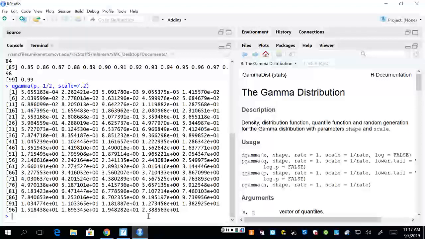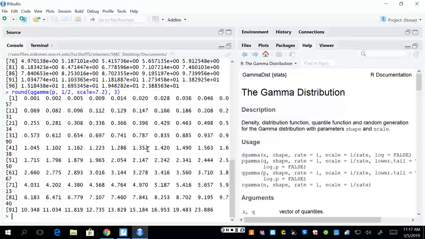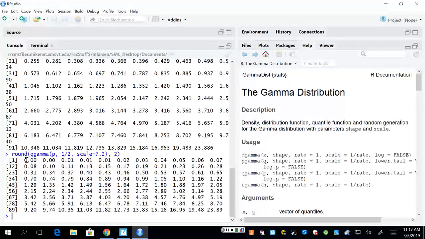So the 99th percentile, if you multiply this by 10, is 23. The 98th percentile is 19.5. The first and second percentiles are all very small positive numbers. Most of the values you're going to see are going to be in that range, with a lot of them in the middle here. If I round this to 2 decimal places, it's not exactly 0, it's a little bit positive. So that is describing all the different percentiles there.